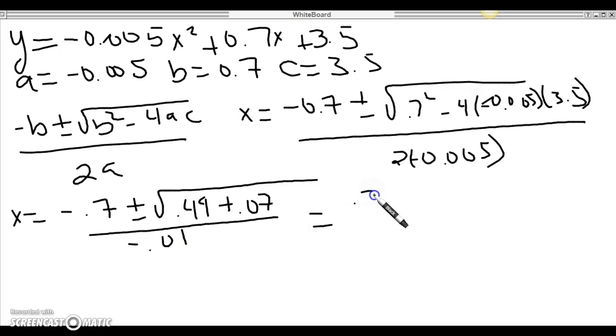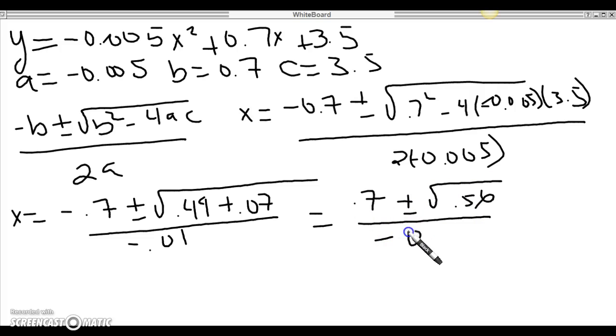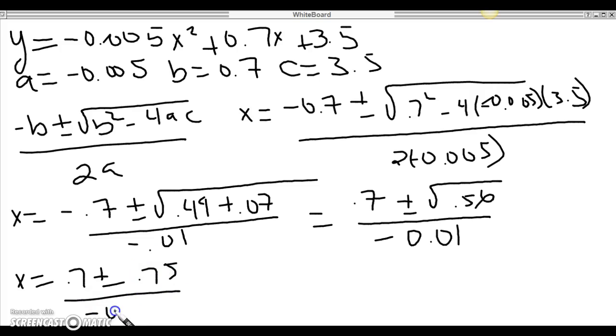And so when I evaluate again, I get 0.7 plus or minus, I'm going to add these together, and I get 0.56 divided by negative 0.01. And then I'm going to evaluate again. I get 0.7 plus or minus, when I take the square root, I got 0.75 divided by negative 0.01.